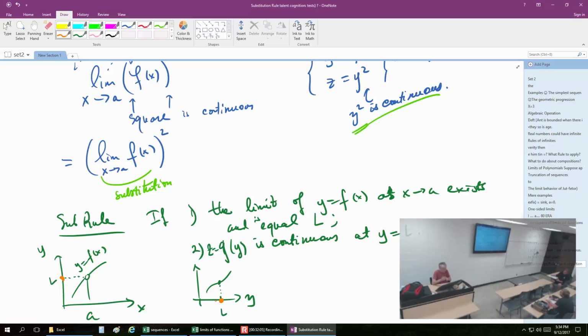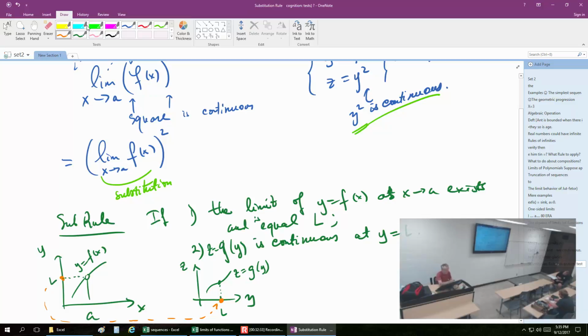The input of the second function is the output of the first. Okay, so this is z equal g of y, and this is z. So they're composed, that's how compositions work. The vertical axis, which is the output of the first function, travels all the way like this, and it becomes the input of the second function.